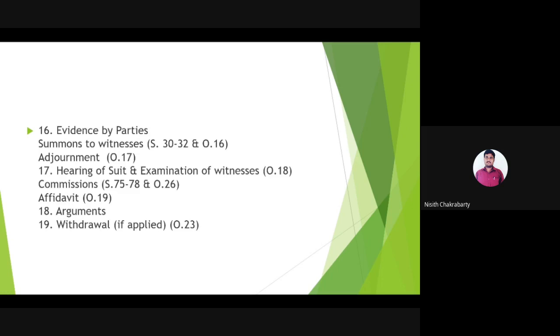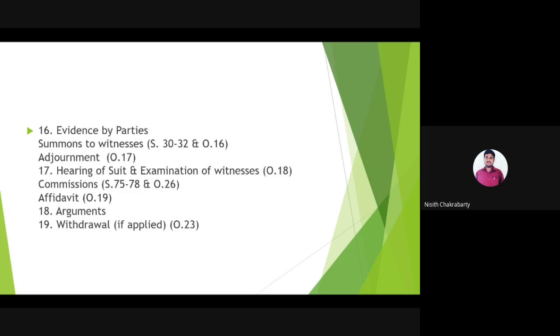For that, if commissions are to be formed, because the court cannot probably go to a certain place, and it is a must in order to actually ascertain the whole truth, then the court can issue a commission, and that has been discussed under section 75 to 78 along with order 26.